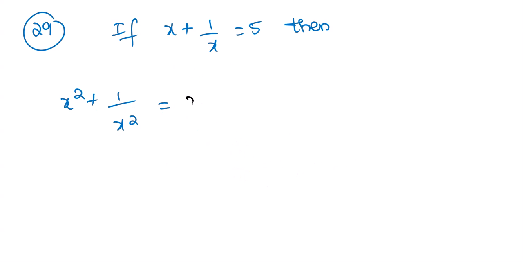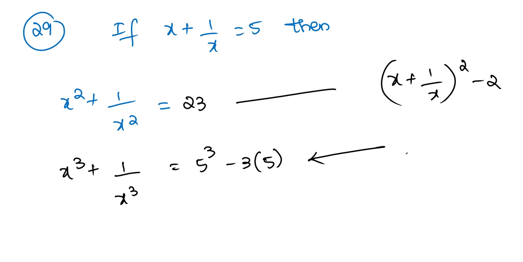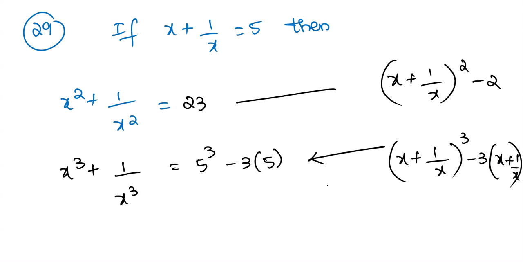Do squaring and subtract 2. And x cube plus 1 by x cube, do cube minus 3 times of x plus 1 by x, which is 110.